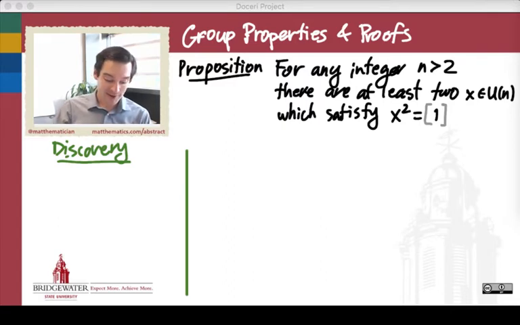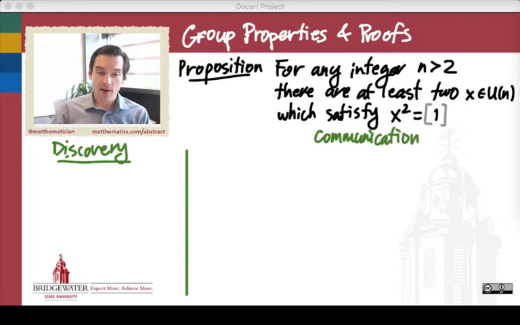So we also need, on the other side, our actual written communication that's going to make this proof something that somebody who's just picking it up cold can read and understand. We have to communicate our thought process effectively, logically, carefully, correctly, we hope.